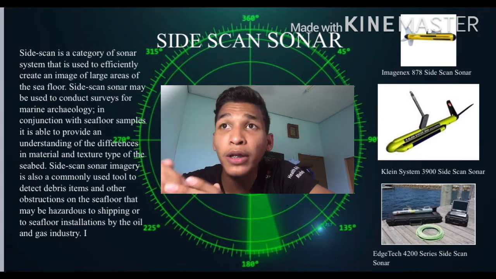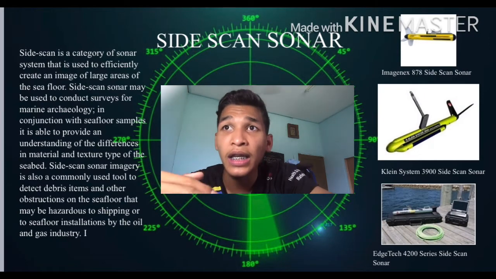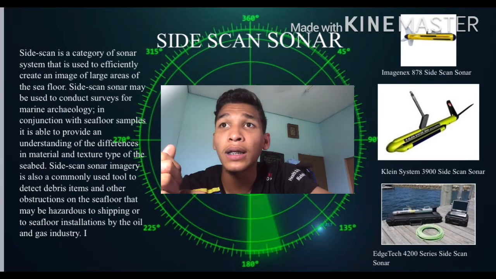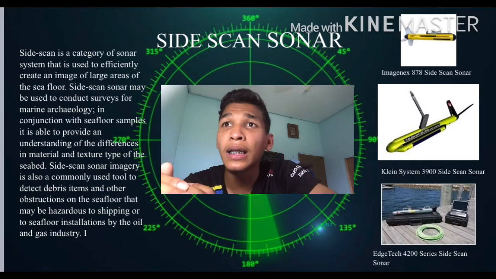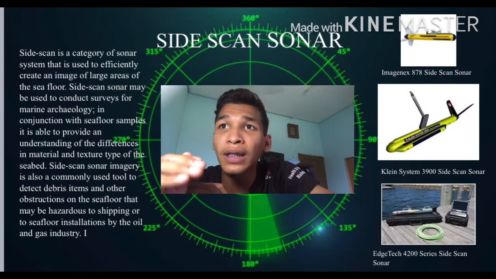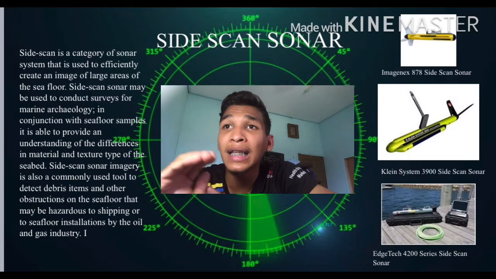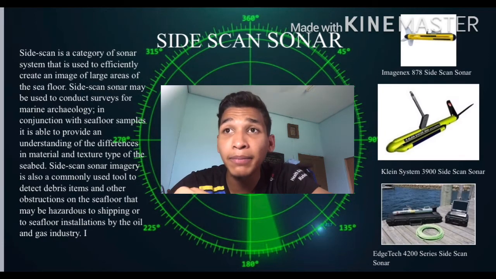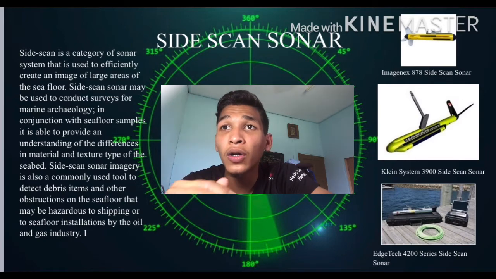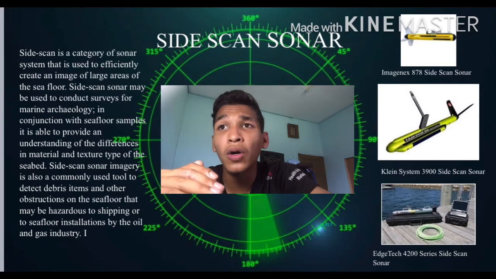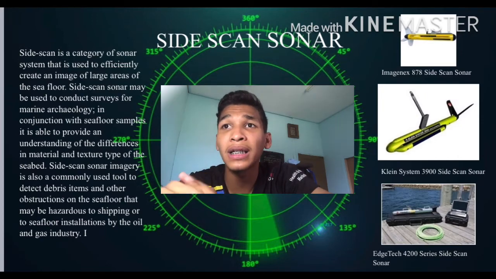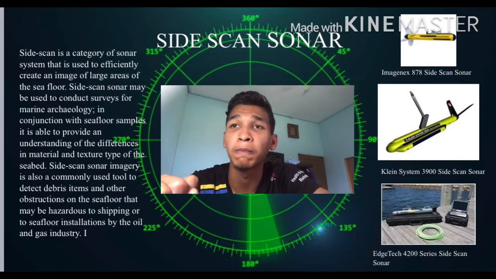Side scan sonar may be used to conduct surveys for marine archaeology in conjunction with sea floor mapping, and is able to provide an understanding of the difference in material and texture of the type of seabed. Side scan sonar imagery is also a commonly used tool to detect debris items and other obstructions on the sea floor that may be hazardous to shipping or to seafloor installations by the oil and gas industry.